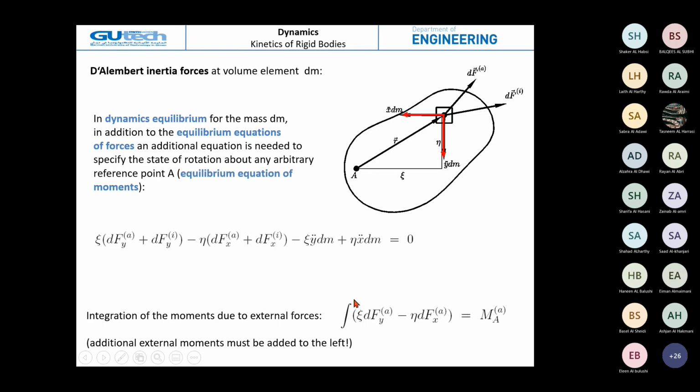Now, this will be equivalent to the external moment, which we note by M_A at the point A. The A indicates that it is the external one.